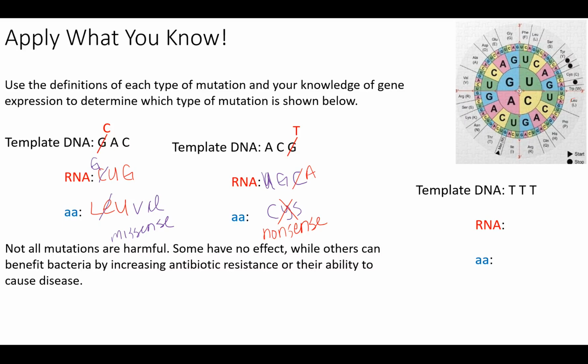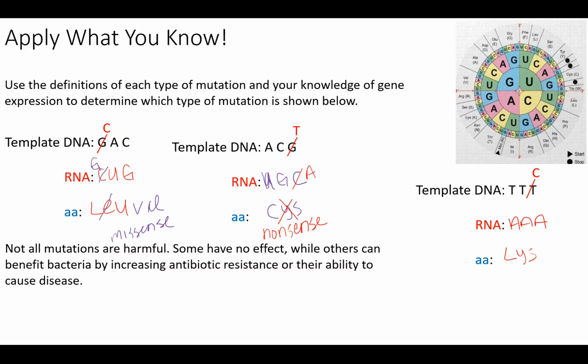All right, let's look at another one. So the template DNA should have been TTT, which means the RNA would be AAA. And if we use our codon wheel, that gives us the amino acid lysine. All right, let's go ahead and check out what our mutation is here. And please know the mutation can happen at any of these positions, okay?